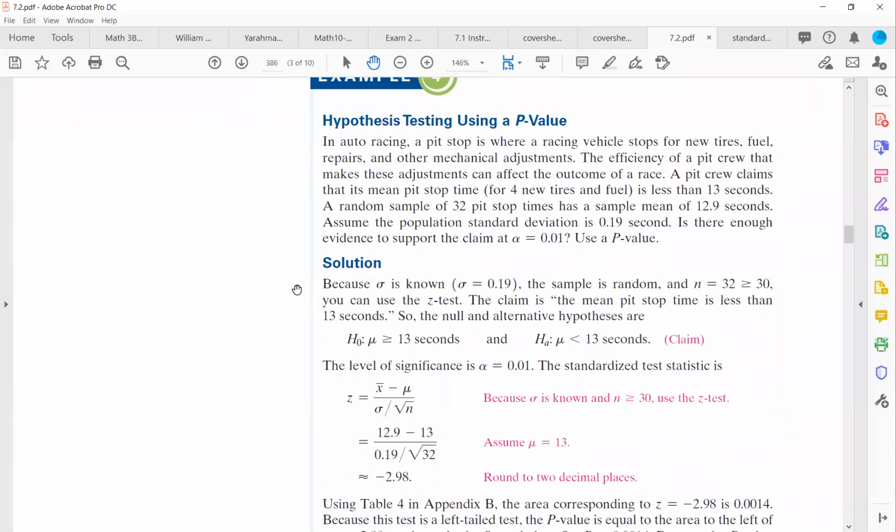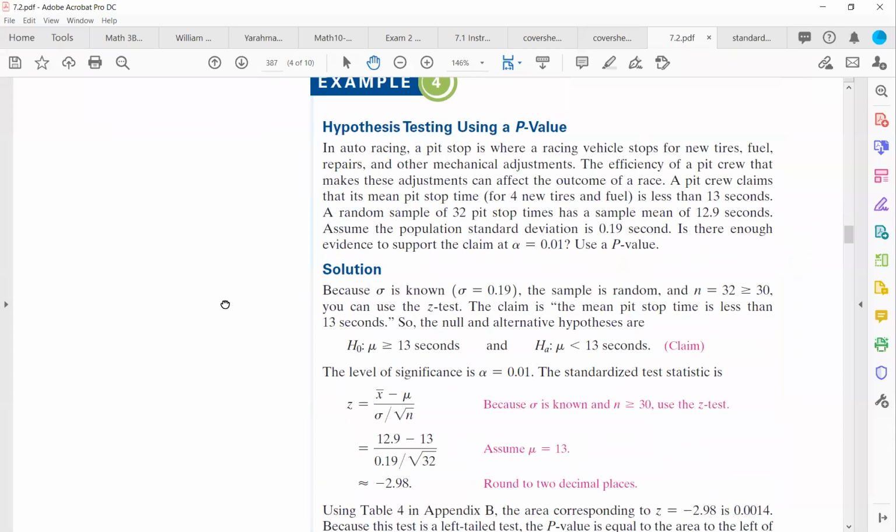Example, let's see what's going on here. In auto racing, a pit stop is where a racing vehicle stops for new tires, fuel, repairs, and other mechanical adjustments. The efficiency of a pit crew that makes these adjustments can affect the outcome of the race.